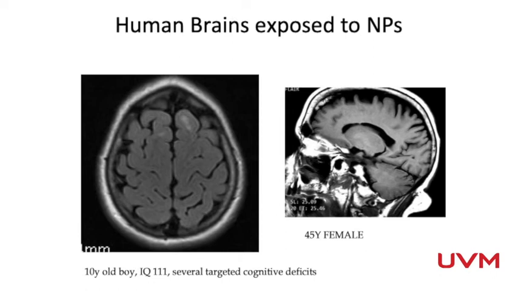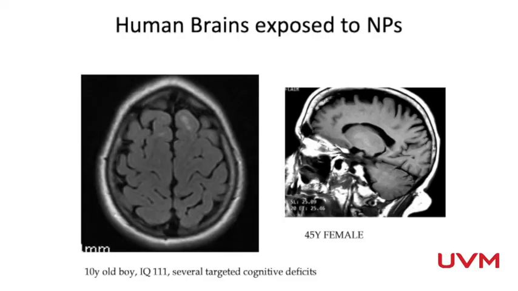So this is an example of an MRI in a 10-year-old boy. And what you see here is what the neuroradiologists call hyperintense lesions, and they are associated with vascular lesions in areas like the frontal lobe.